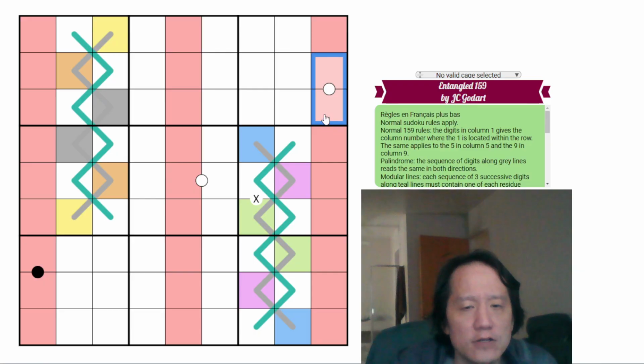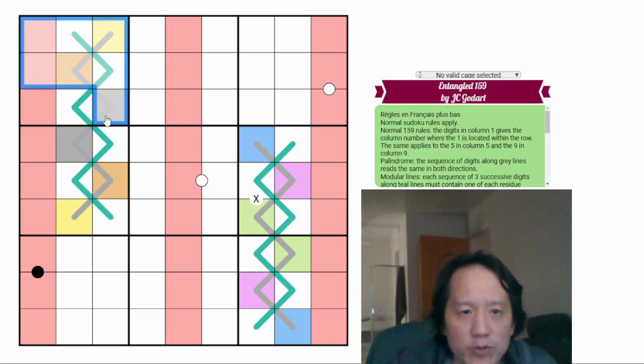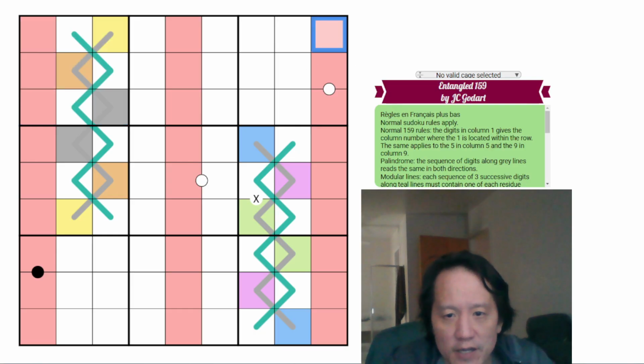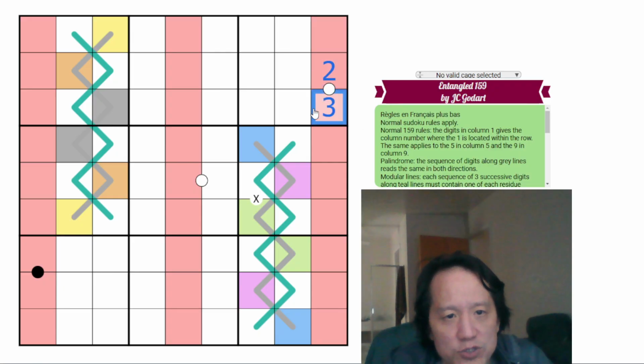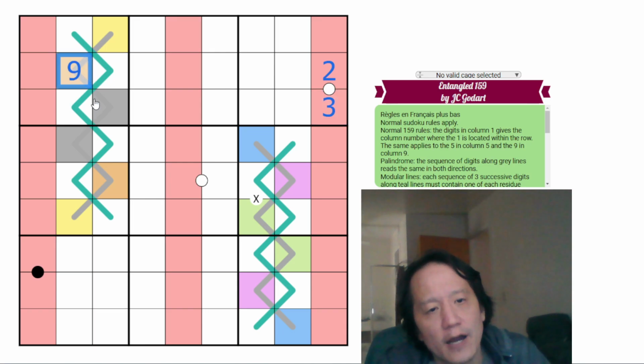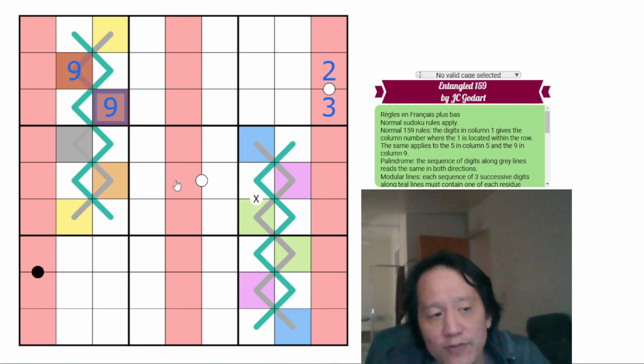Because the 9, similar logic applies here, right? The 9 cannot have 2 from 1 through 3 in this column, because then that would designate a 9 would have to be in one of. So say this was 2 and this was 3, right? That would mean the 9 would have to be here and the 9 would have to be here, right?